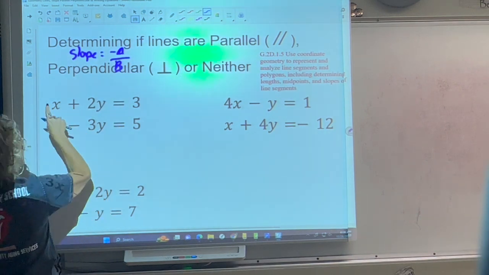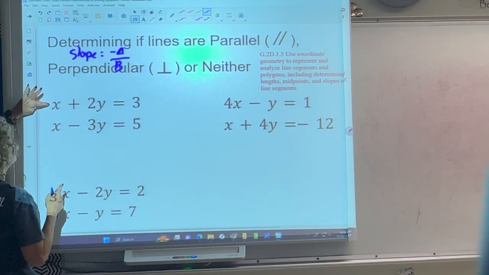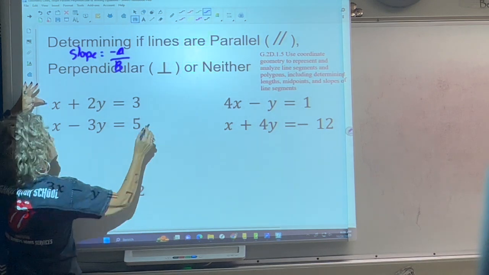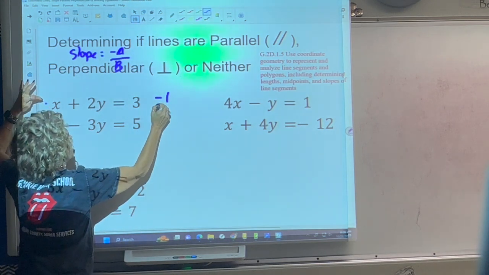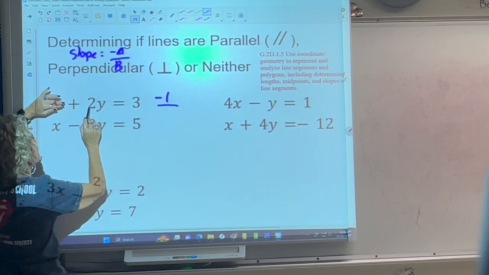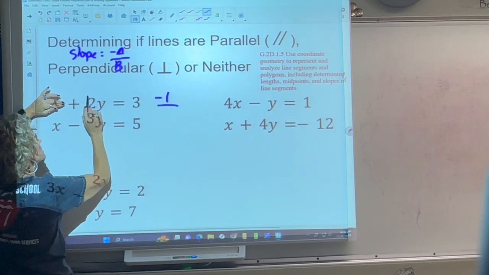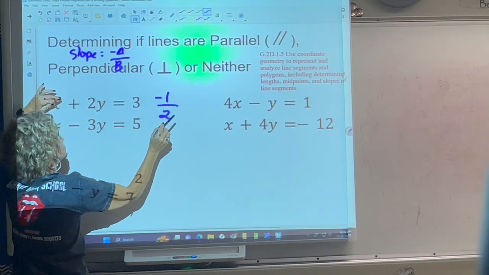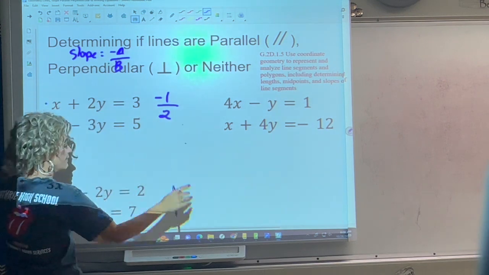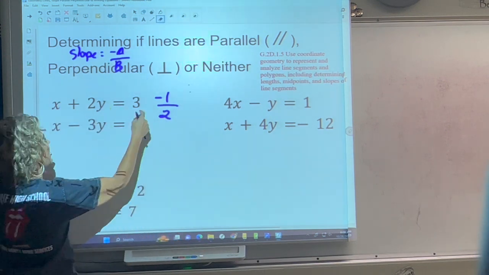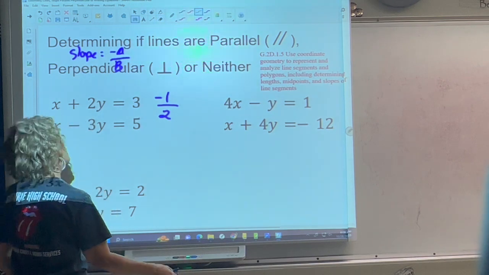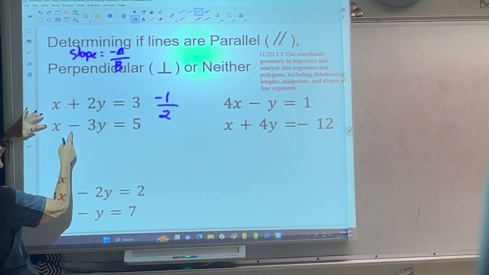Okay, so A is 1 here. So the opposite of 1 would be a -1 over exactly what B is. B is a +2. Nothing to simplify, so the slope of this line right here is a -1/2. So now let's find the slope of this line.